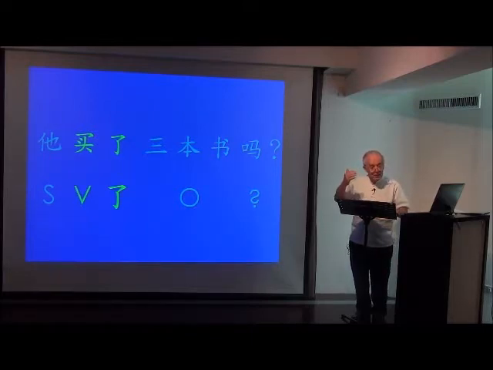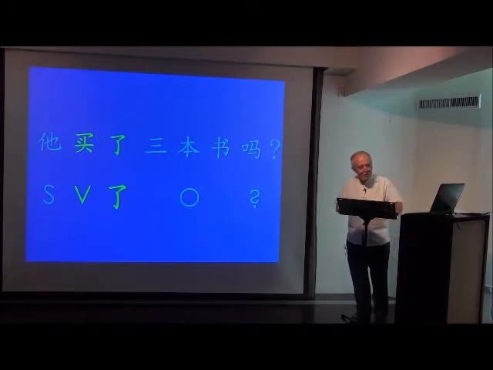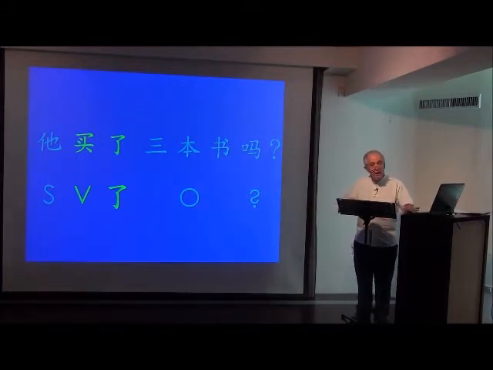But you have to say to them, le is only used with action verbs. Linking verbs, adjectives, do not use le. Normally, the time word or the context of the sentence is sufficient to indicate that it happened in the past.